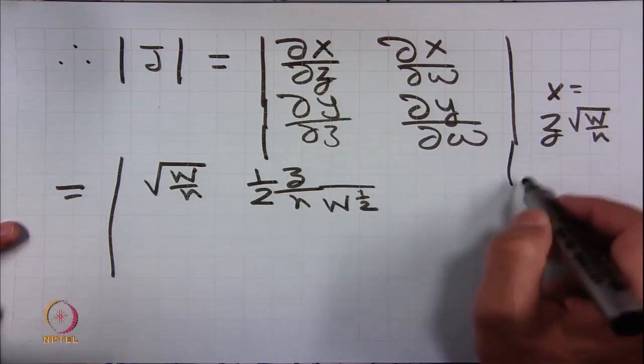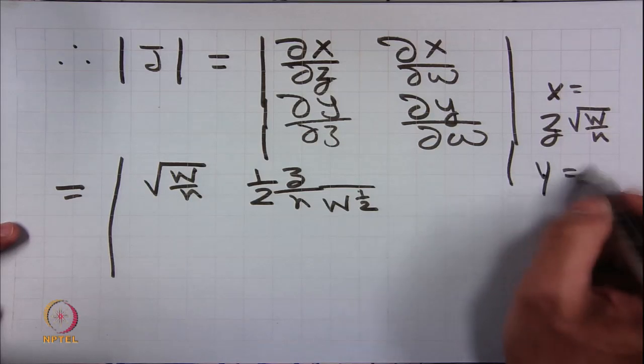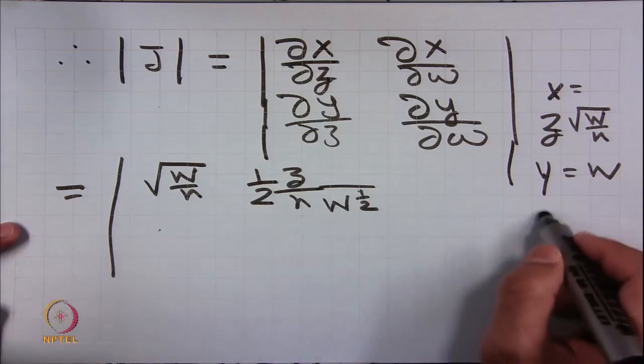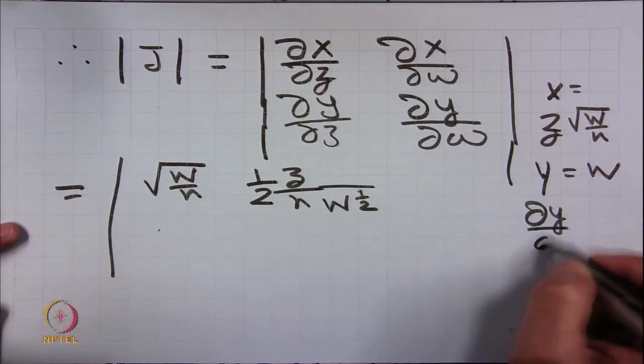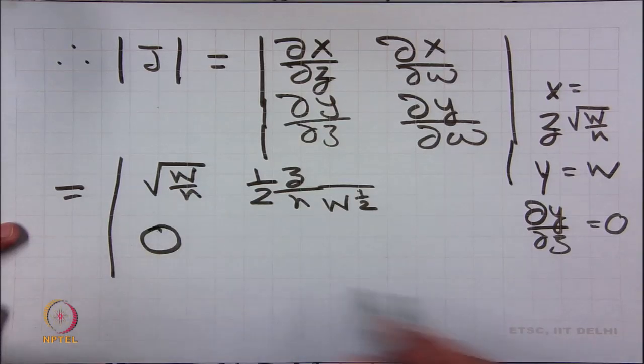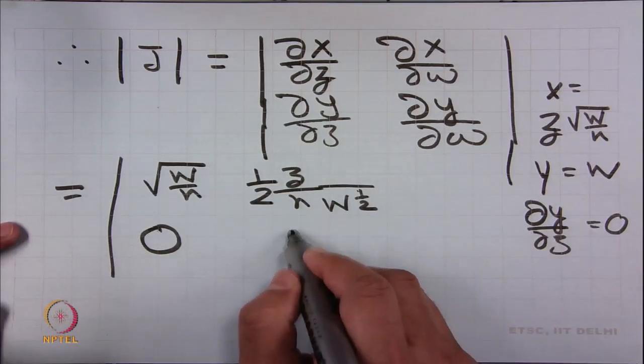And we know that y is equal to w, therefore, del y del z is equal to 0 and del y del w is equal to 1.